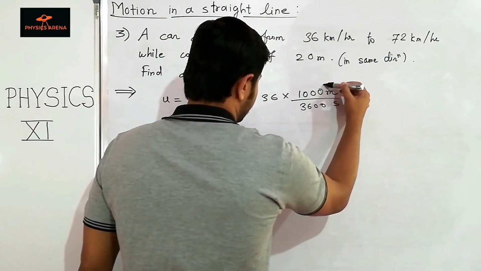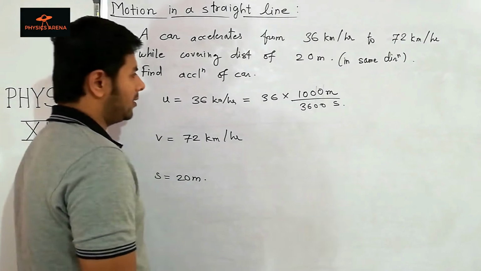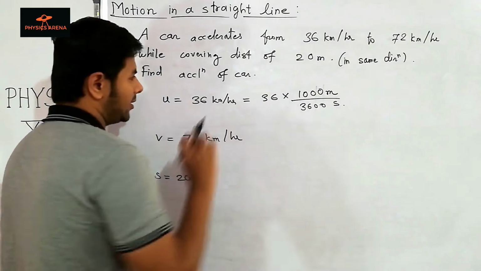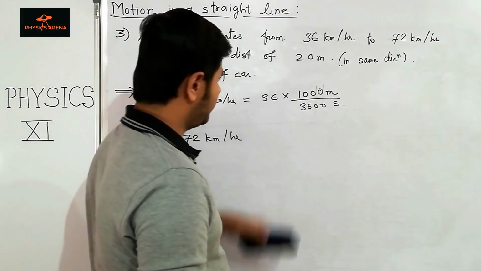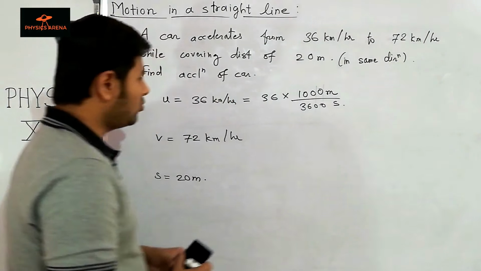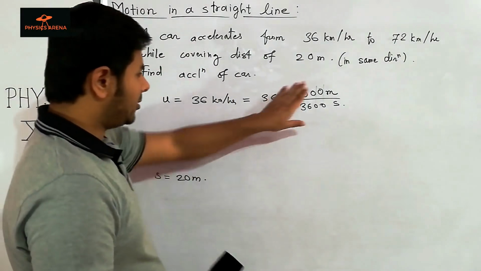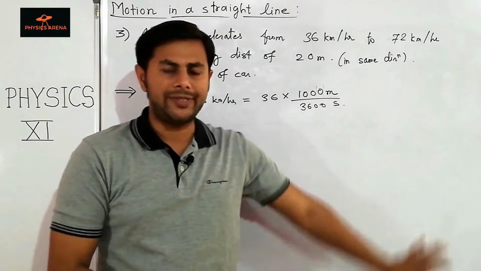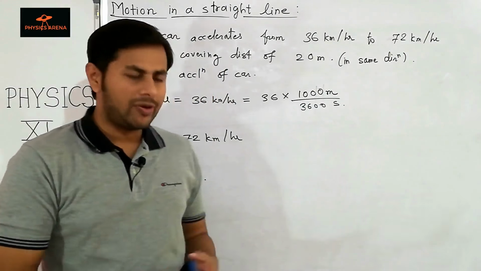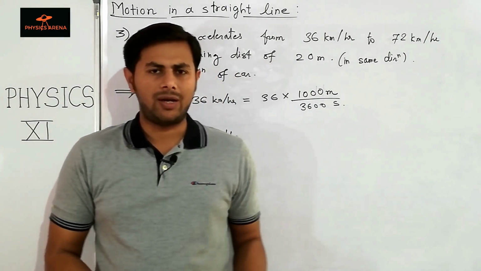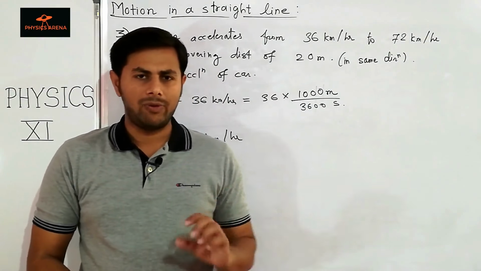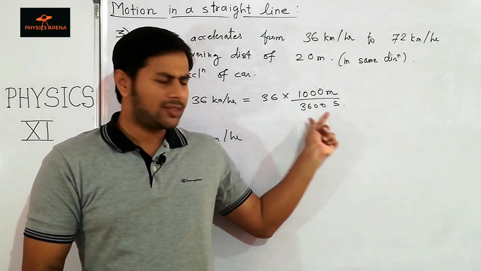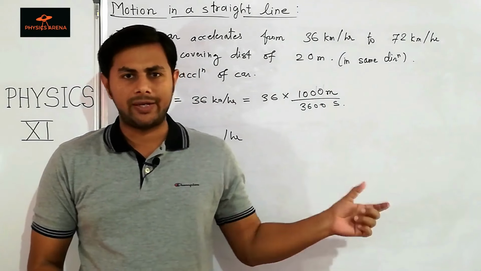Then we can cancel out the zeros, and we get 10 by 36. Or I can take 2 common from numerator and denominator, so I get 5 by 18. So whenever I convert from kilometers per hour to meters per second, I will multiply by 10 by 36 or 5 divided by 18.